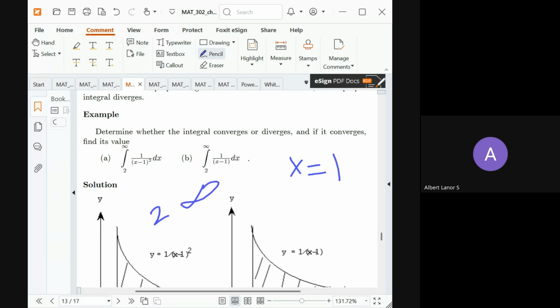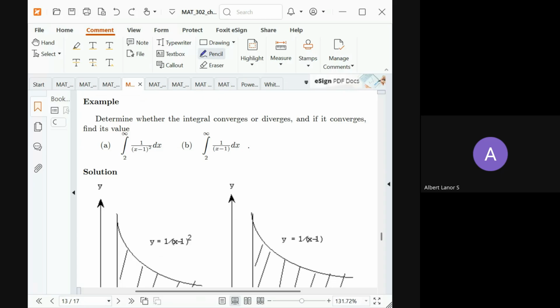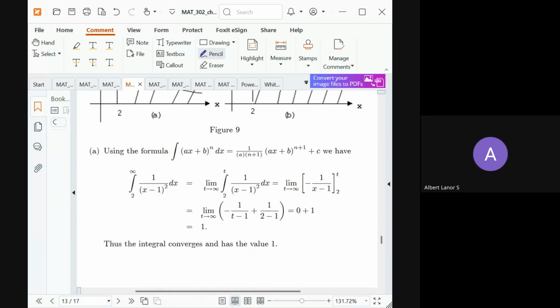Just that the infinity part is what we don't know. So to do this integral, we integrate from 2 to a number t, and you find the limit as t goes to infinity for both of them. Clearly, you should be able to integrate the functions.